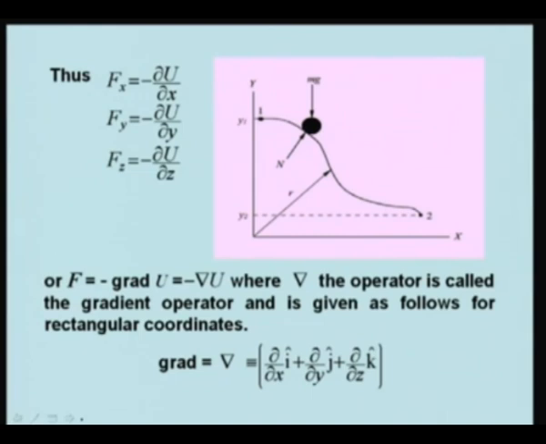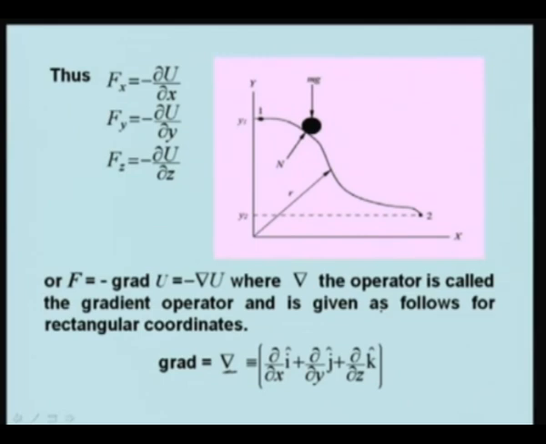Gradient is defined by the gradient operator, which is del by del x i plus del by del y j plus del by del z k. This is in the Cartesian coordinate system. In the same way, it can be defined in the polar or spherical coordinate system.